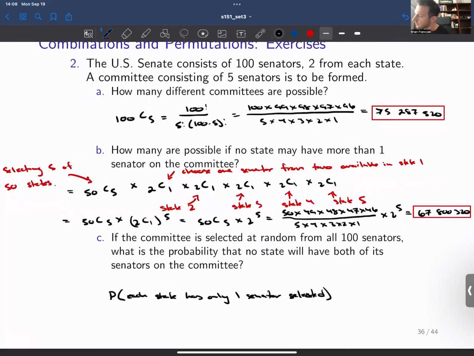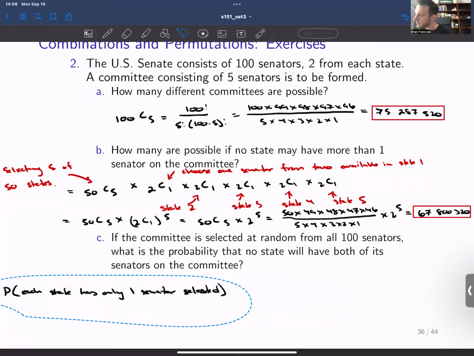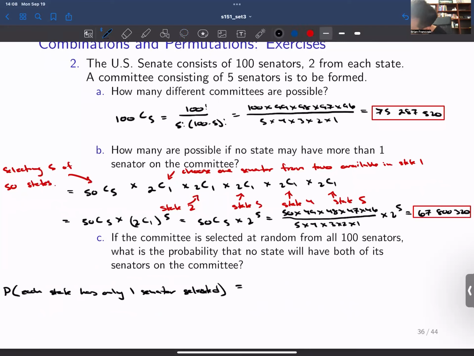Okay, so in part C, basically what we're asking is, what is the probability of observing the event in part B? So this is going to be 67,800,320 divided by 75,287,520.